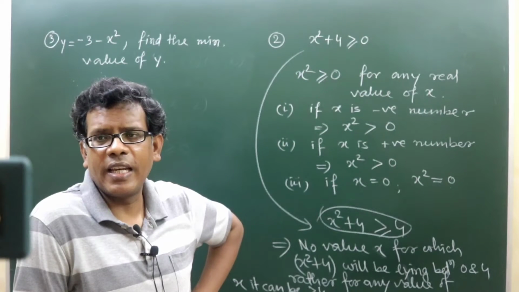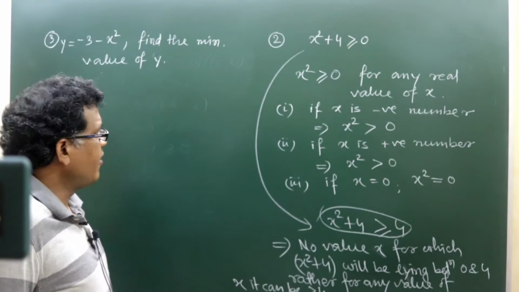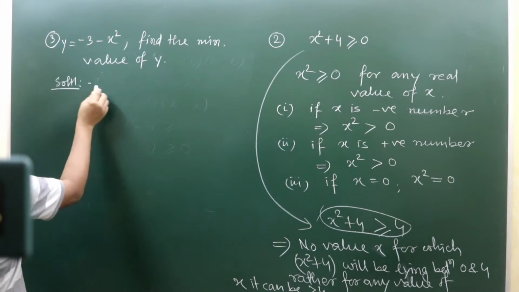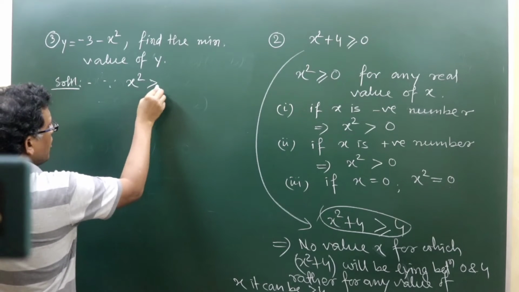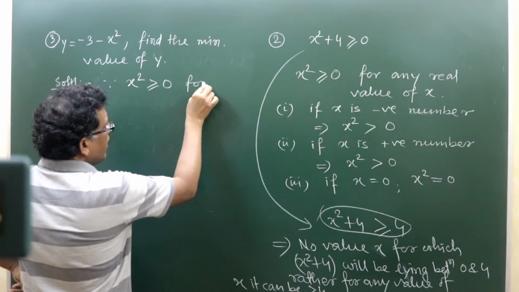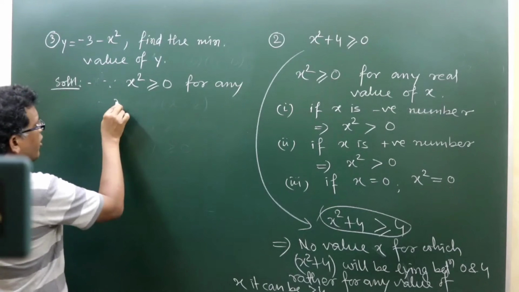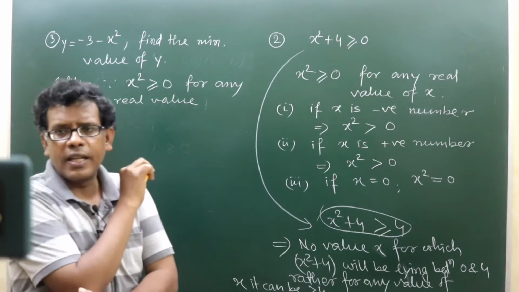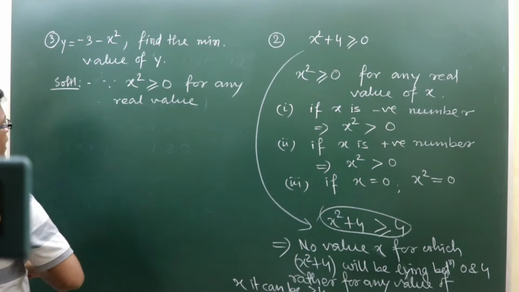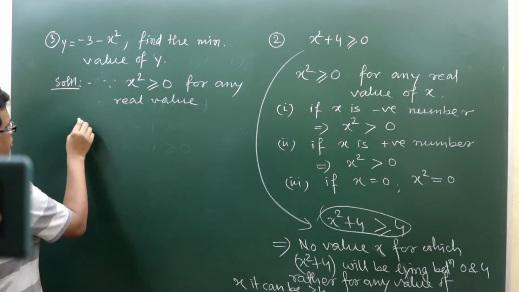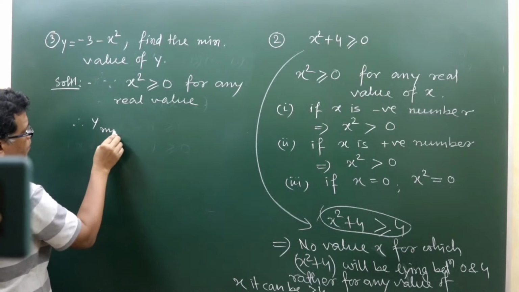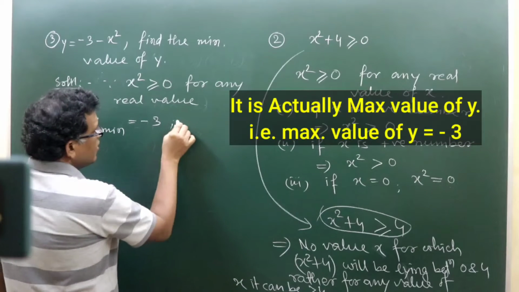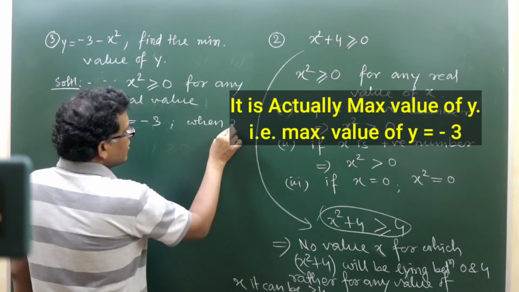The value of x square can never be negative, right? Since x square is always greater than or equal to 0 for any real value of x, therefore y minimum will be equal to minus 3, when x square will be 0.